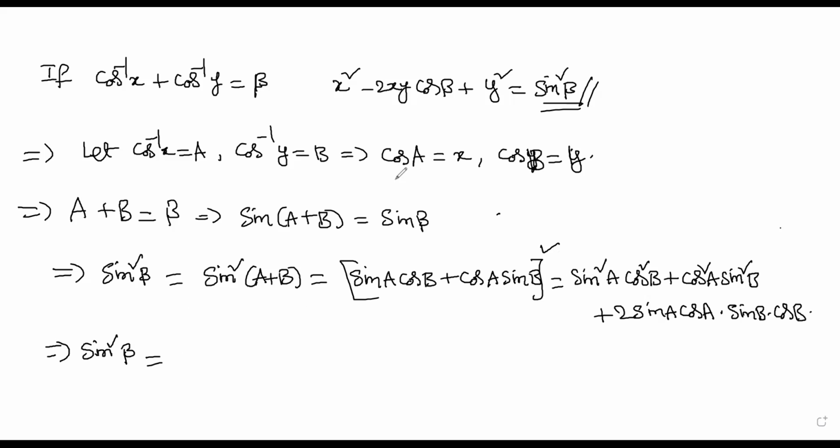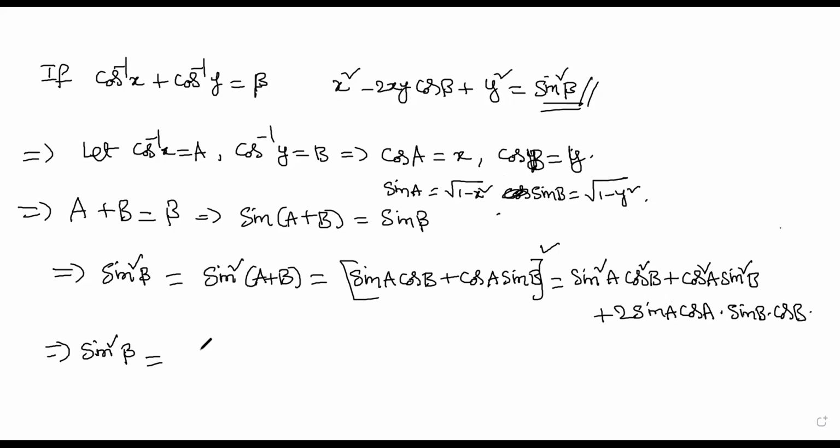Now let us put sine square beta equal to sine square A. Cos A, I have x. Sin A is square root of 1 minus x square. And similarly cos B is y, so sin B happens to be square root of 1 minus y square. So we need to substitute.